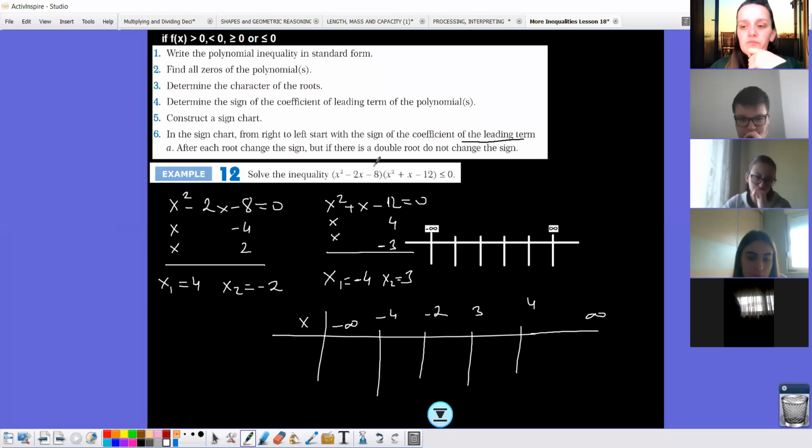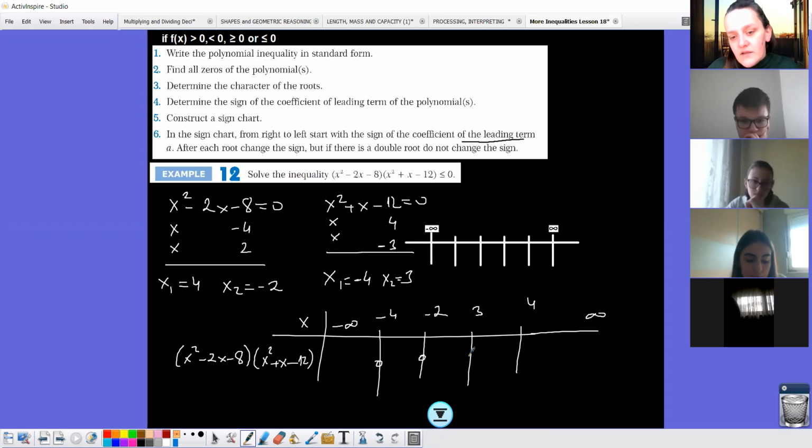So what will be the sign of this? What do you think? It will be positive. So I will start with the positive one. Firstly, these all are our roots, and will it be empty or filled?